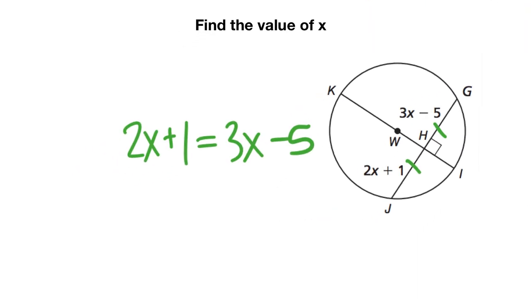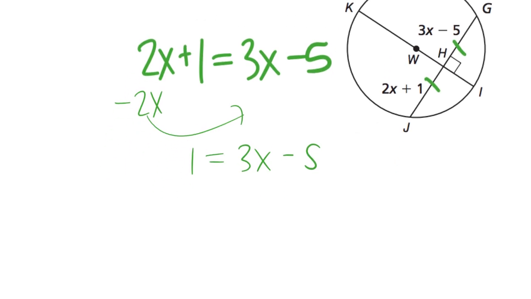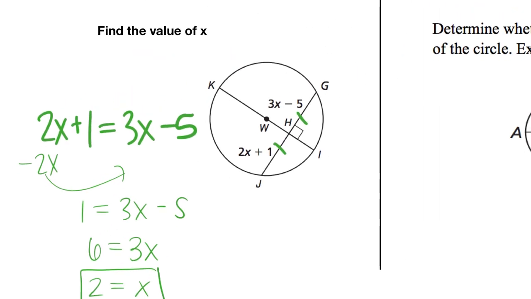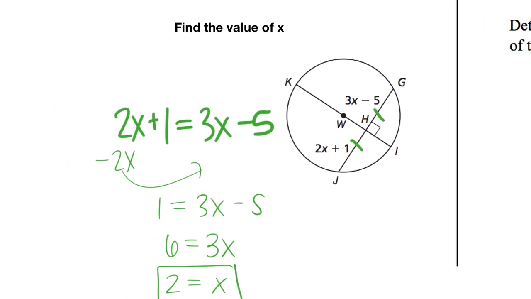I'm going to do this part quickly because we're all really good with solving equations at this point. We'll subtract the 2x to get that over here. We would have 1 equals 3x minus 5. If you move the 5 over, you would have 6 equals 3x, which means x equals 2. And for this one, you do not have to plug it back in because it just says find the value of x. So we're done.